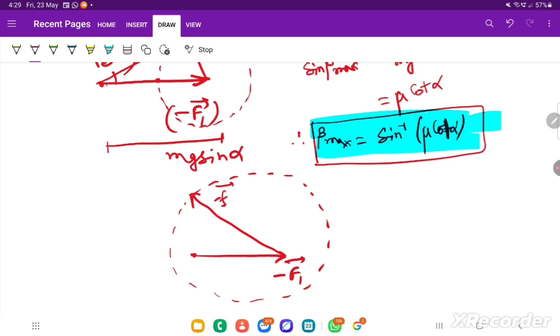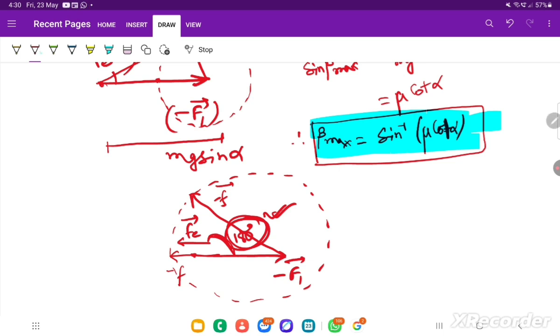Minus F1 and Fe, the resultant of these two, the angle between these two vectors. So in that case, this would have been the minus F and this would have been Fe, and its resultant would have been in this way, Fe. So Fe and minus F1 would have subtended a 180 degree angle. So 180 degree would have been our answer in that case.